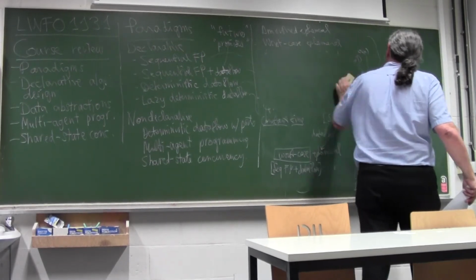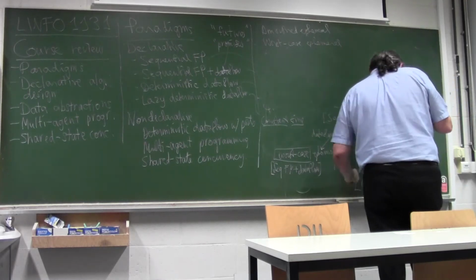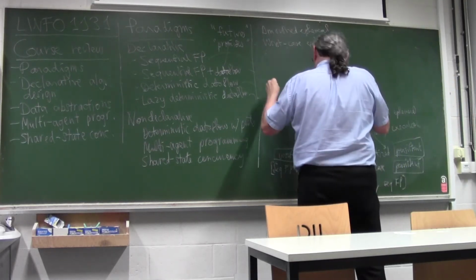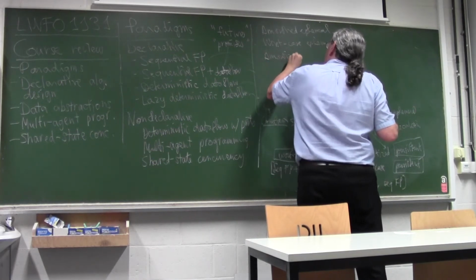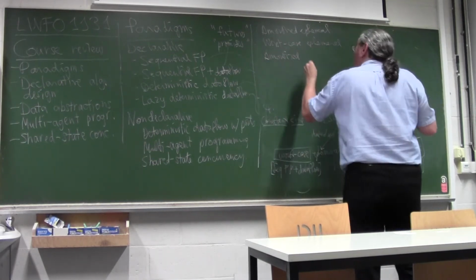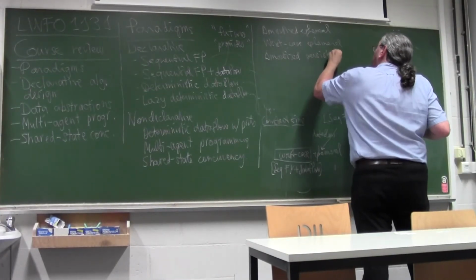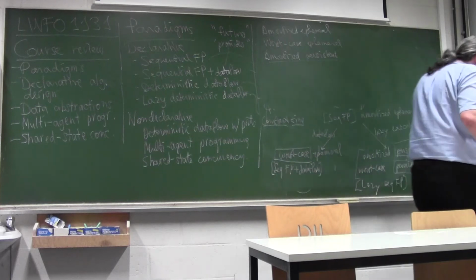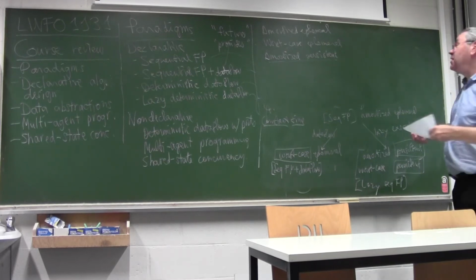So how do we solve that? We can actually solve it by laziness. By using laziness, amortized, persistent. And what's the property of laziness that we use? Well, we can create a computation, but we only do the computation later when we need it.